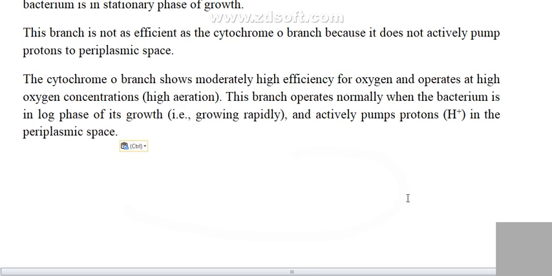So if this is your bacterial cell, then from the bacterial cytoplasmic membrane, this is your cytoplasm. From inside the cytoplasm, the proton is pumped outside into the periplasmic space. So here you have a pool of protons outside in the periplasmic space.